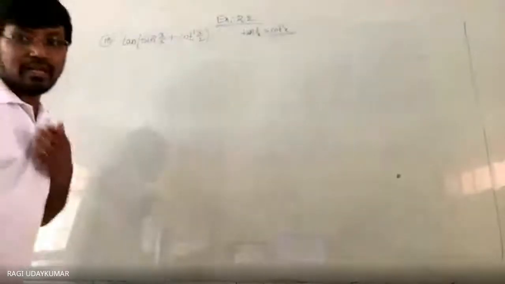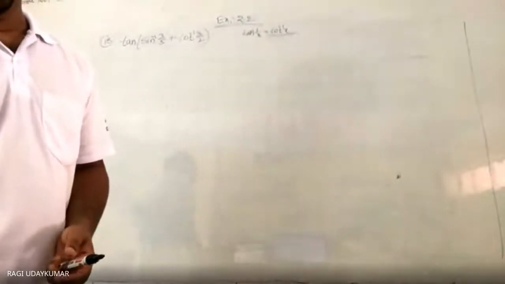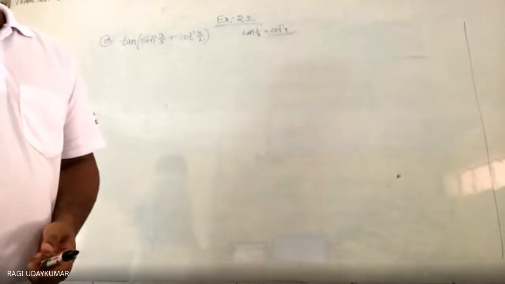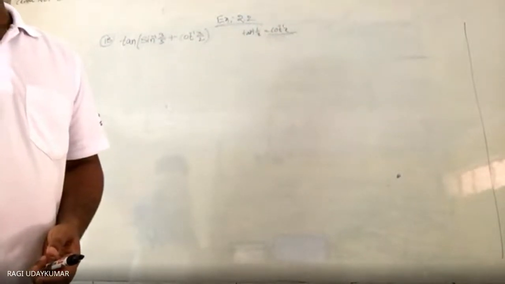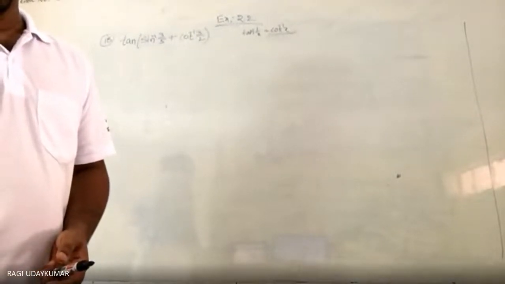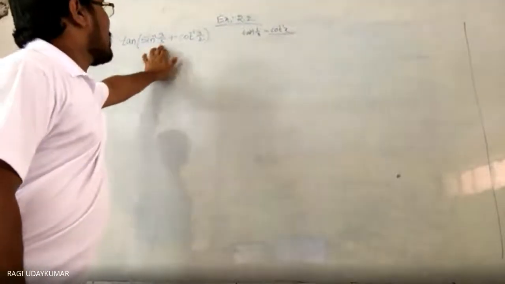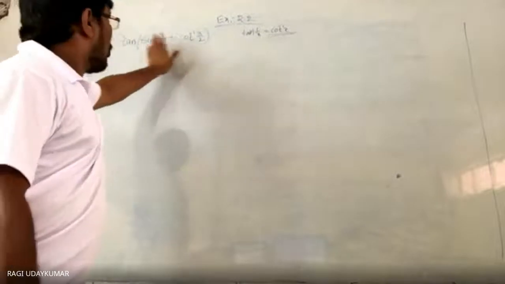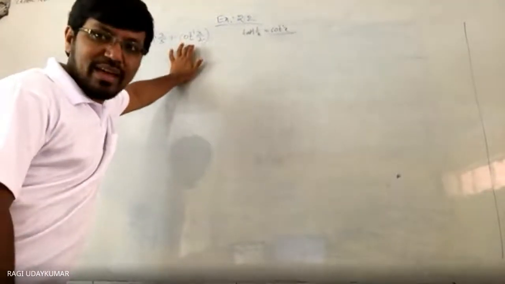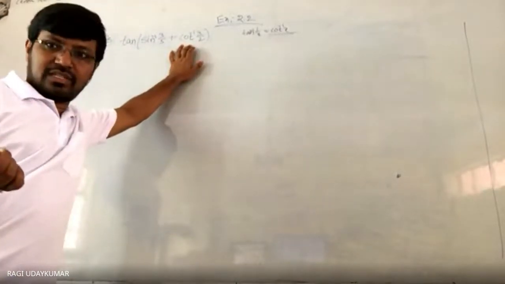So now here you need to convert both into tan. So sine inverse 3 by 5 plus cot inverse 3 by 2, both you need to convert into tan, so that tan inverse x plus tan inverse y can be written as tan inverse of x plus y by 1 minus xy. Isn't it?